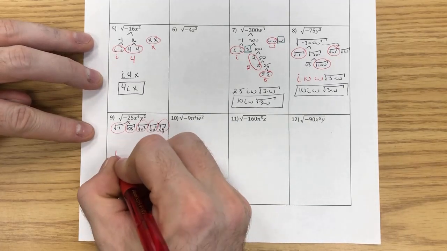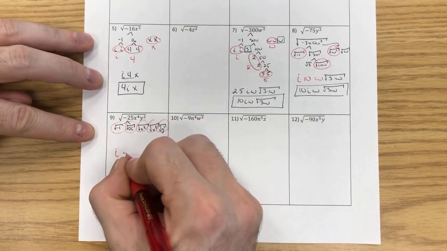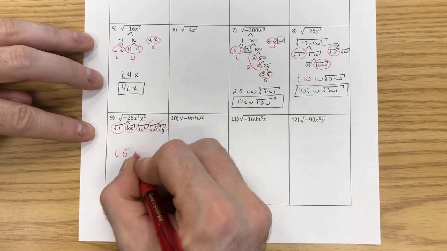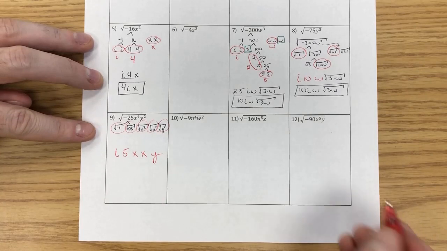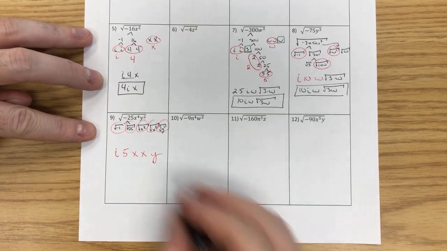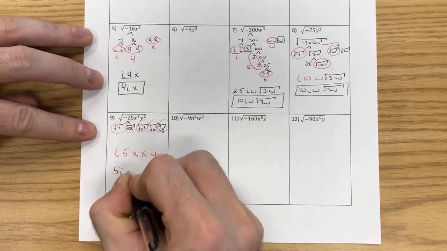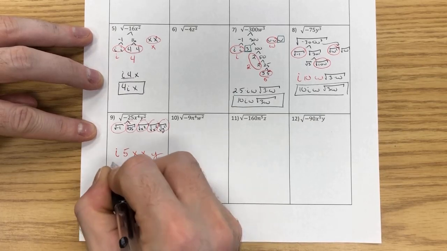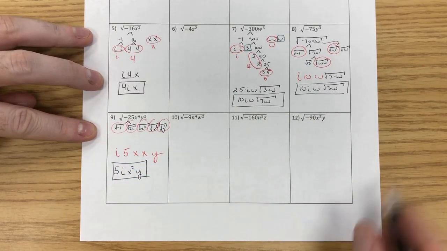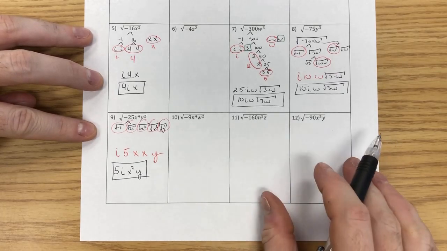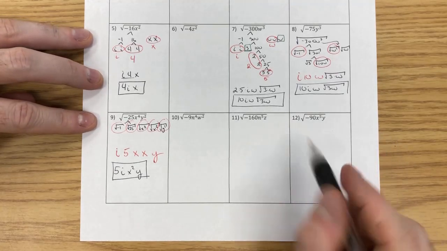Square root of -1 is I. Square root of 25 is 5. Square root of x squared is x, x, and y. If I reorganize that, I have a 5ix squared y. Perfect.